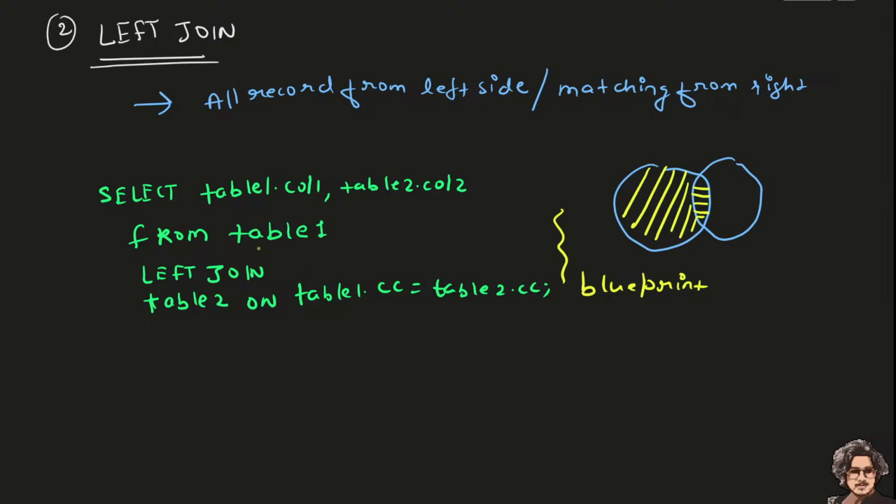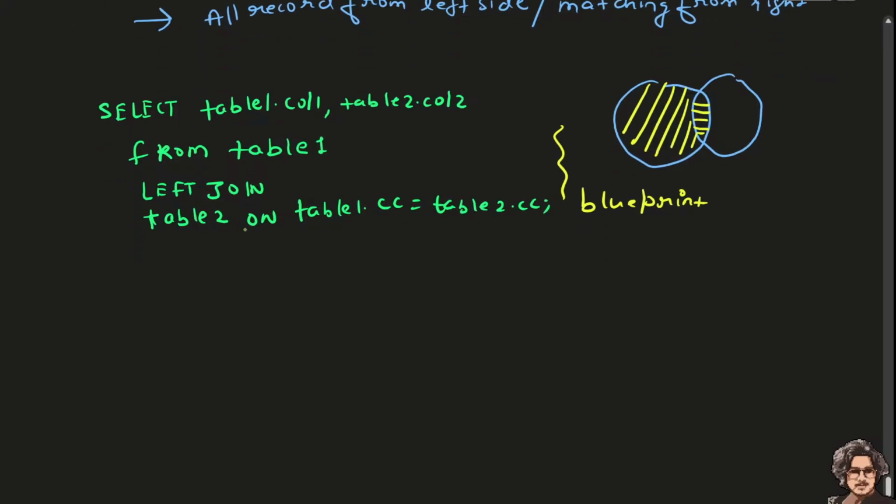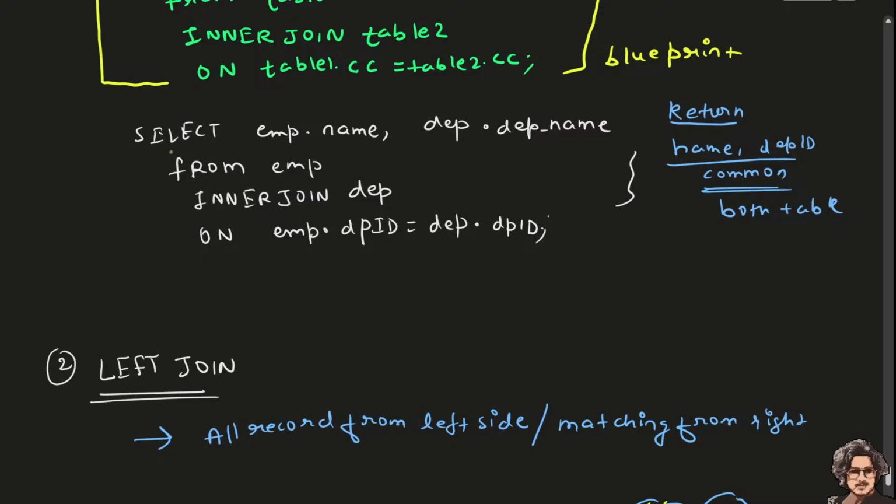In the previous example, we selected employee name and department name from the employee table. In that case we have to do a left join on the common part.